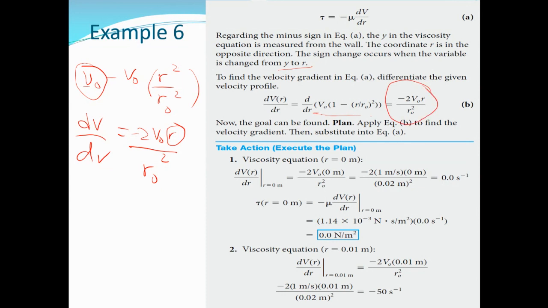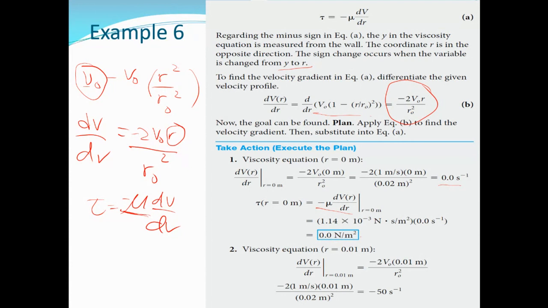So now having obtained our velocity gradient, you can just use shear stress equals minus mu times dV dr. Although here we determine at r equals 0, we substitute r equals 0 in the equation to find the velocity gradient, and then multiply the velocity gradient with the viscosity to get the shear stress.